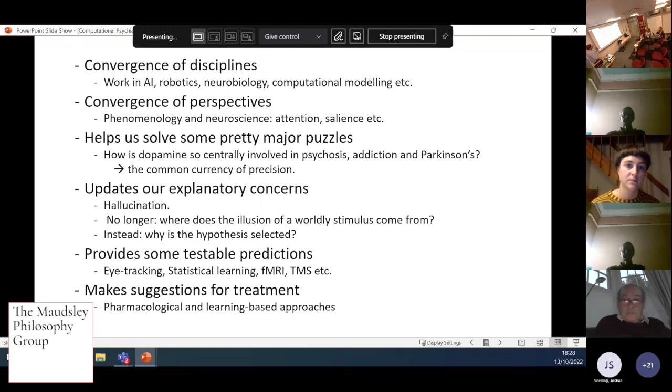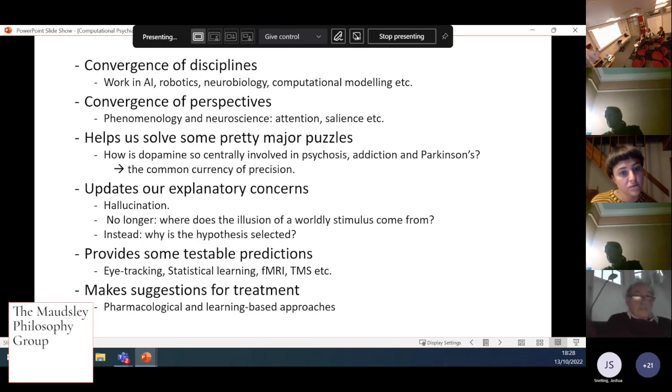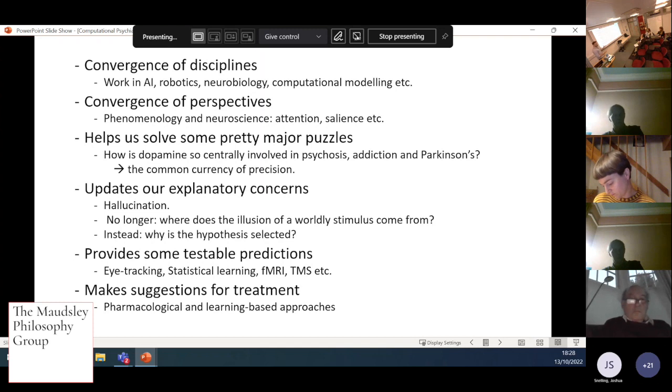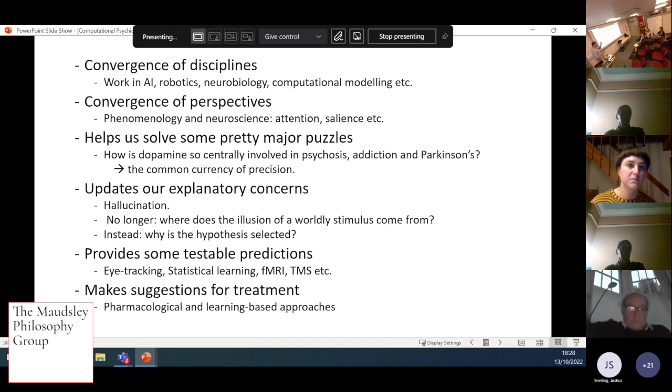I think one area where this is particularly striking is you almost bridge what has typically been seen to be a conceptually impossible gap to bridge, between phenomenology and neuroscience. Once you understand computationally what's going on in terms of attention and salience, then you can match up, well, I can understand what it would be like to find things hypersalient.